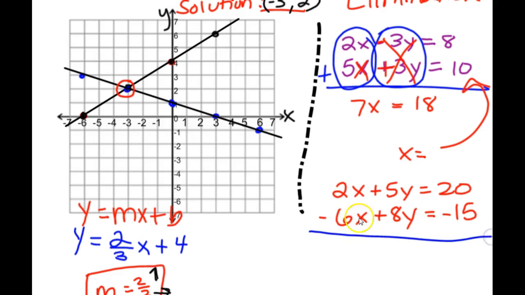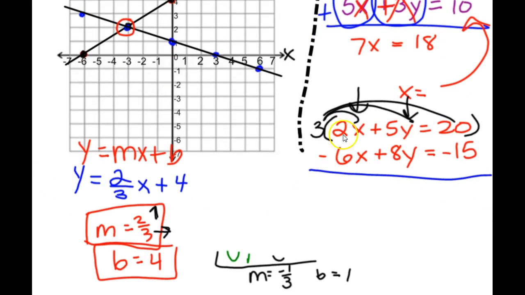Neither the x's or the y's are the same number, so we would need to multiply one or both of the equations to make the x's or the y's the same number. 5 times nothing is going to give me 8, but 2 times 3 would give me 6. So if I multiply everything by 3, both of the equations will have a 6 in the x spot.